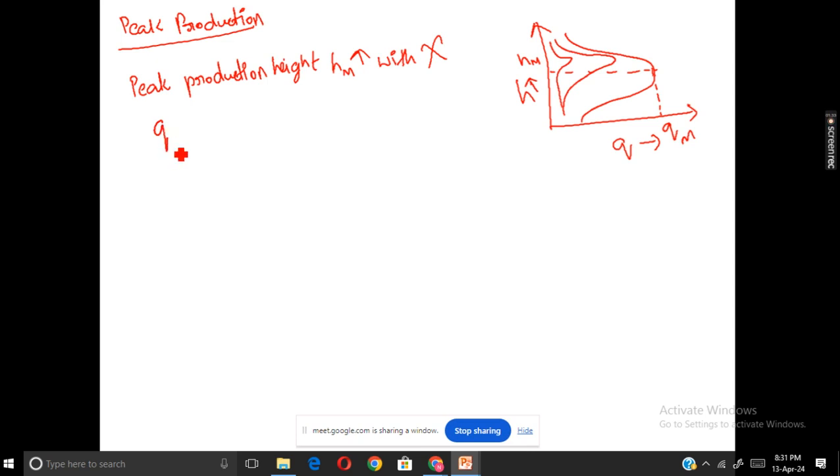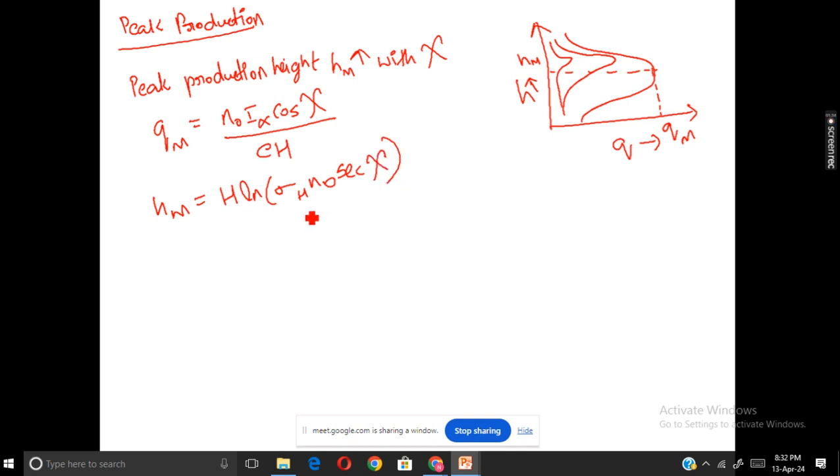And then the value for Qm is given as N0 I infinity cos chi by e. This is the equation for peak production. And then Hm, the height at which peak production occurs, is given by H log of sigma N0 sec chi. Here sigma is the area of cross section, H is the scale height, and as we know, chi is the solar zenith angle.